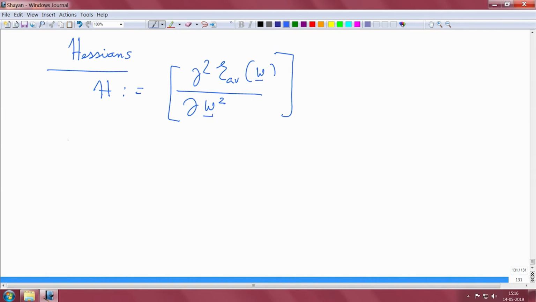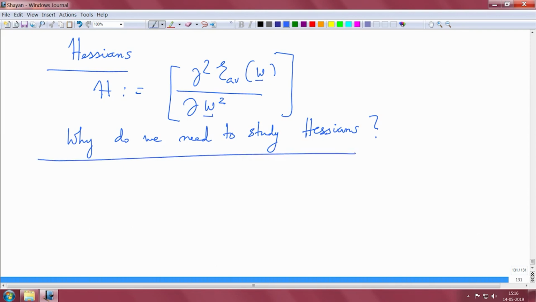Now, why do we have to study Hessians? Because this has a sort of second order effect.